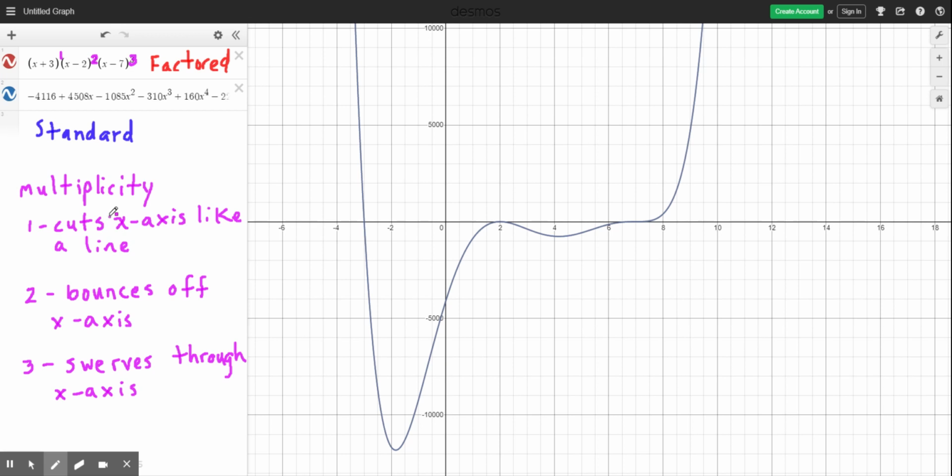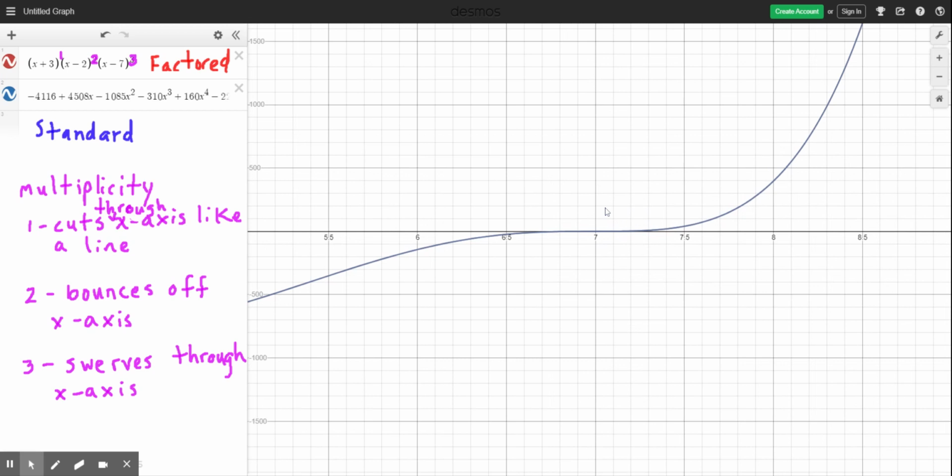So really here, this should say cuts through, me and my terrible spelling. Cuts through the x-axis like a line. Here it's swerving through the x-axis, and that is the distinctive shape of a cubic equation.